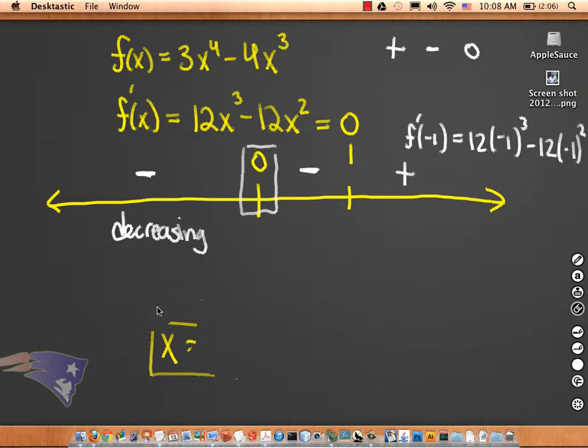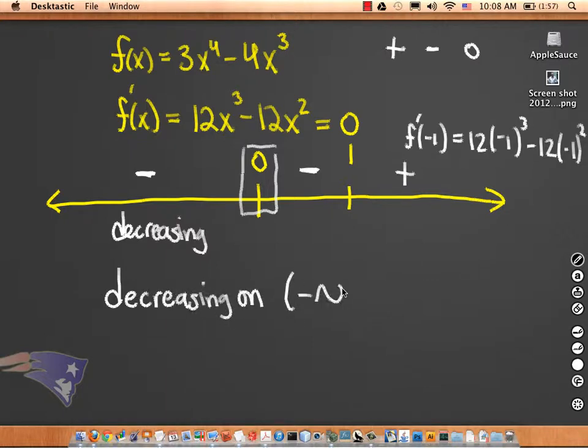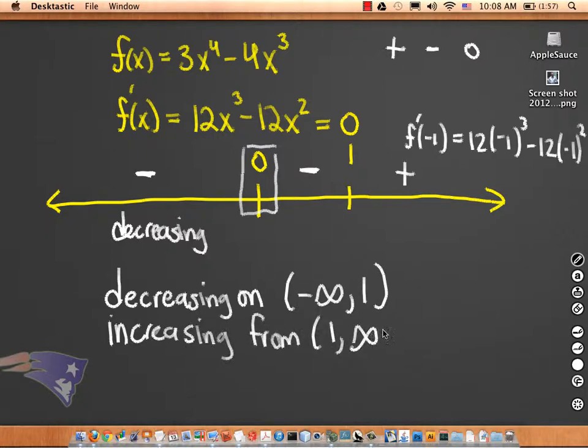From -infinity to what number is it decreasing? To 1. So it is decreasing on -infinity to 1, and it's increasing from 1 to infinity.